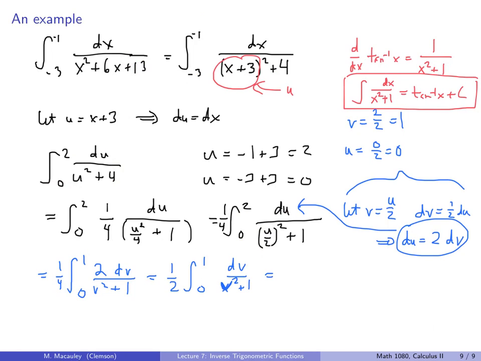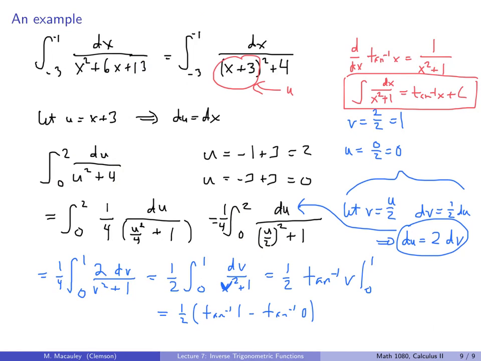So this is going to be 1/2 of arctangent of v evaluated from 0 to 1. So let's move over here to make sure I have enough room. That's 1/2 of arctangent of 1 minus arctangent of 0.